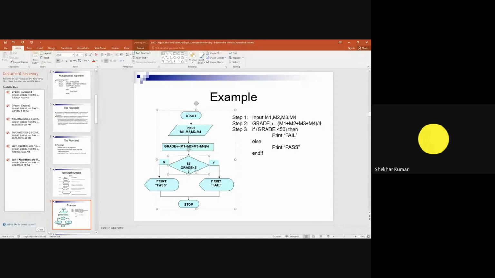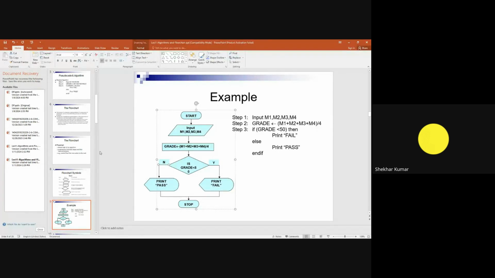If the grade marks are less than 50, yes, then we will say that the student has failed. If this condition fails, it means the marks are greater than 50. No, then we will say that the student has passed. And at the last, it will stop. So this is a flowchart. Okay.